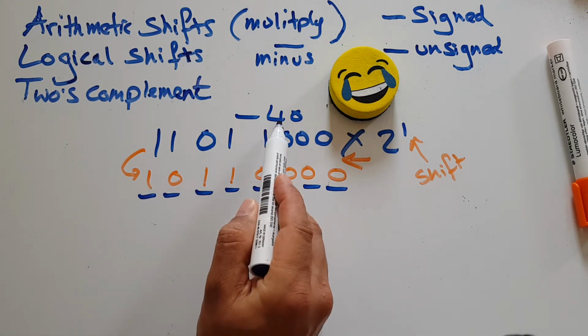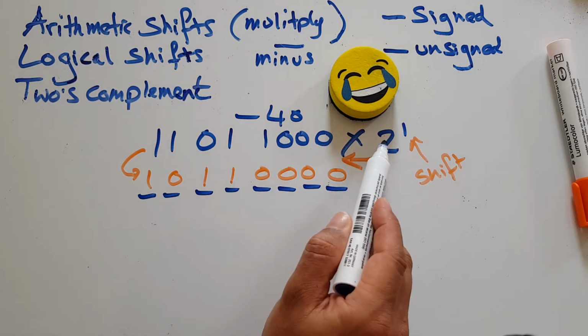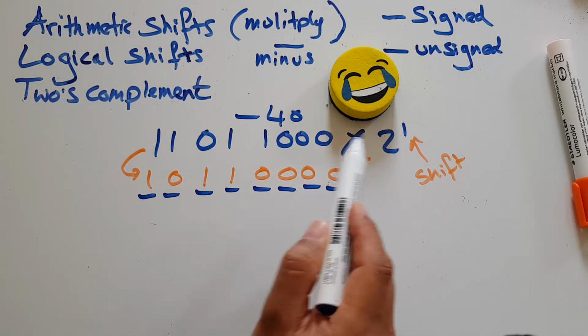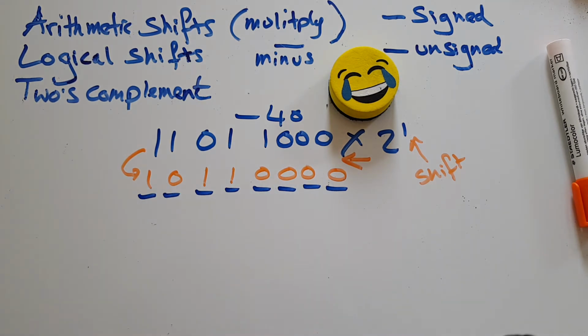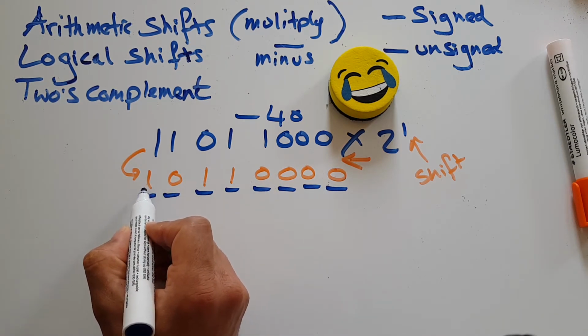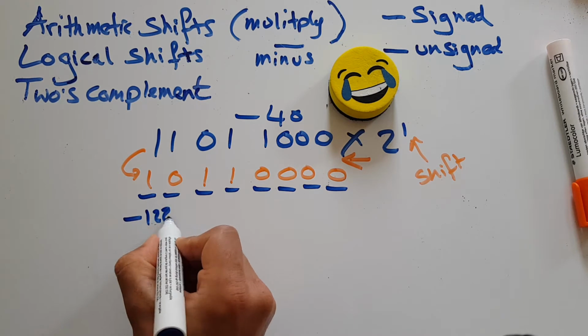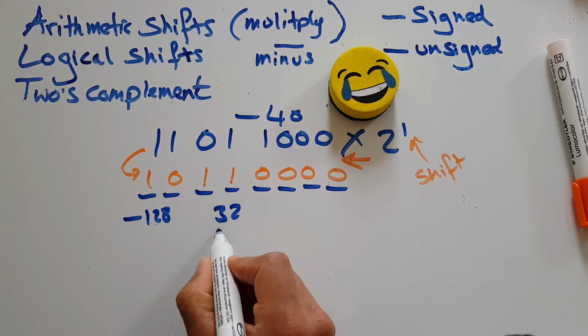So I'm doing minus 40 times 2. Well, minus 40 times 2 is minus 80. So hopefully this orange binary is minus 80. And I'm going to do the same method to see if it is in fact minus 80. Here we go. So I've got my minus 128. I've got a 32. And I've got a 16.